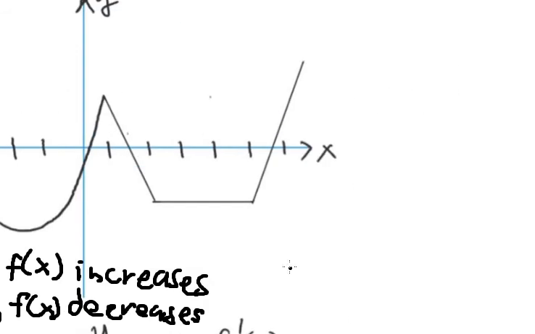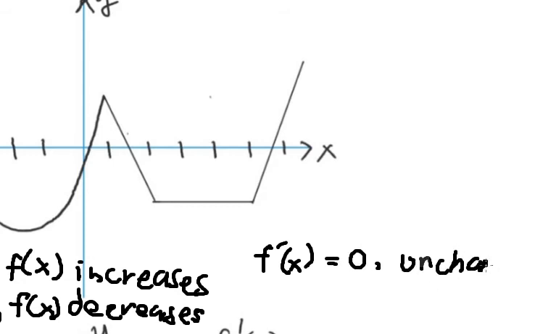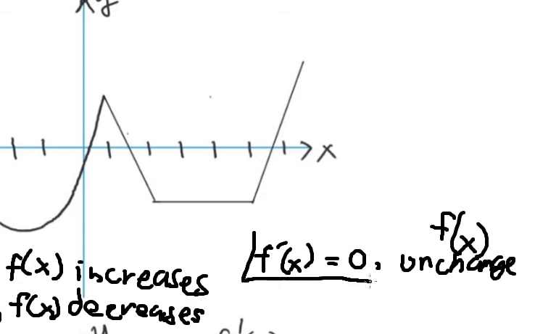The next one, when the first derivative of the function equals 0, that means the function is unchanged, or maybe the point here is a critical point.